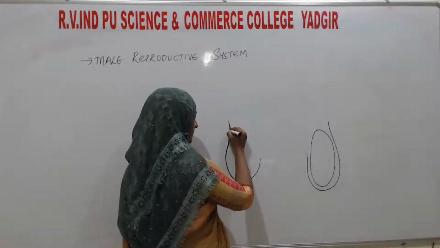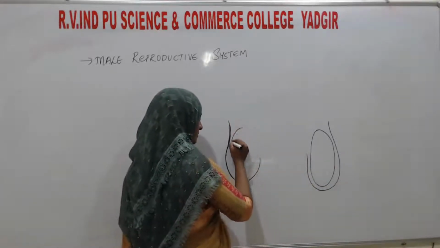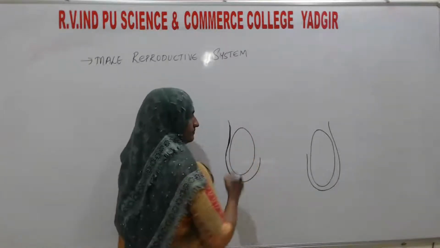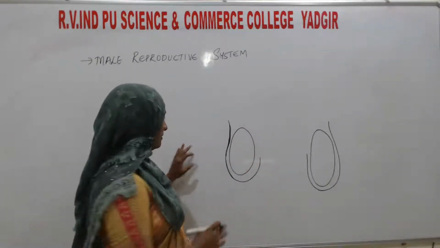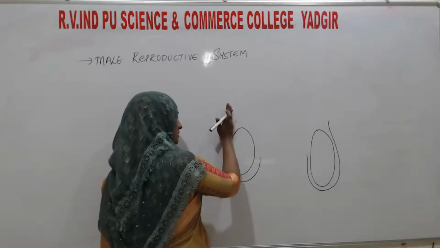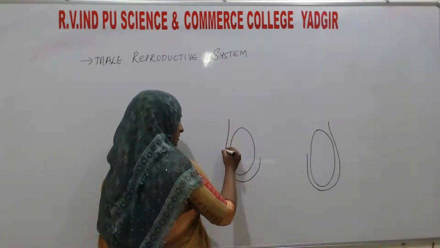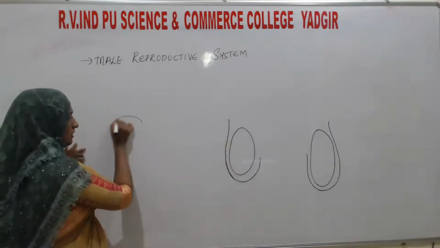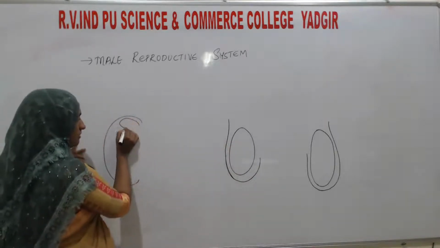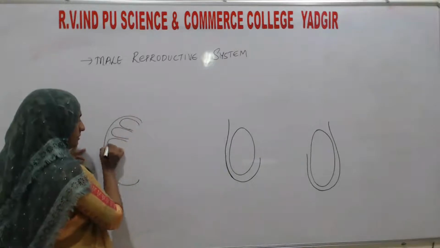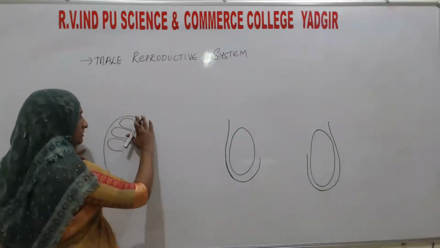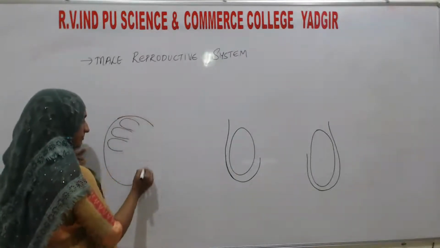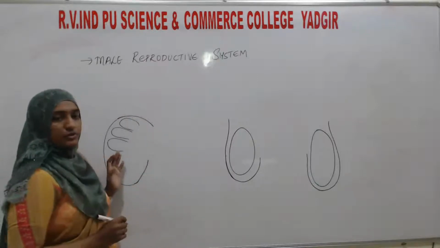Here you see, this is the testis. On that day, I told you, this testis will have compartments like this. Compartments are known as the testicular lobules.